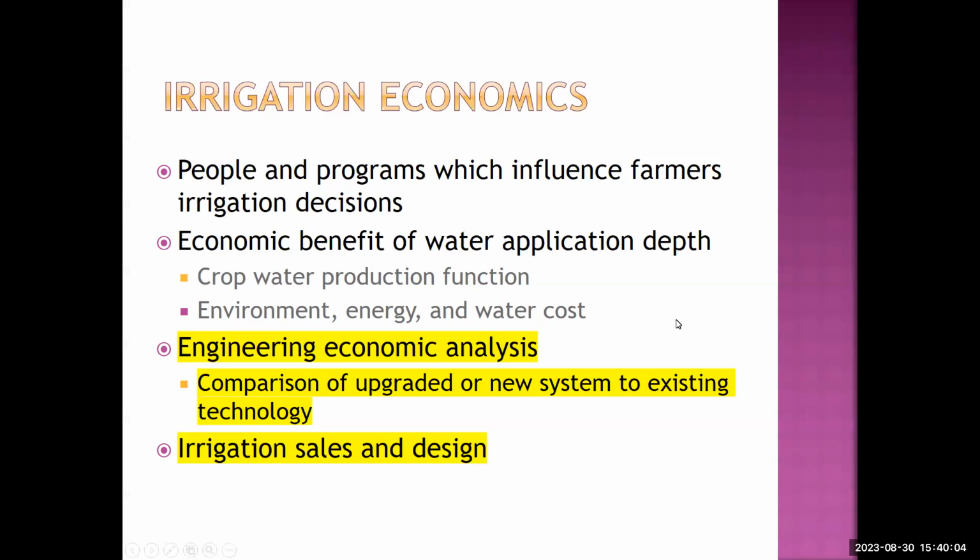And in engineering economic analysis, all the present and future costs are converted to present value at the required rate of return. And if the present value is positive, then the decision is made to invest in the project. So it's pretty simple. And then at the end we'll talk about principles associated with selling or designing irrigation systems.